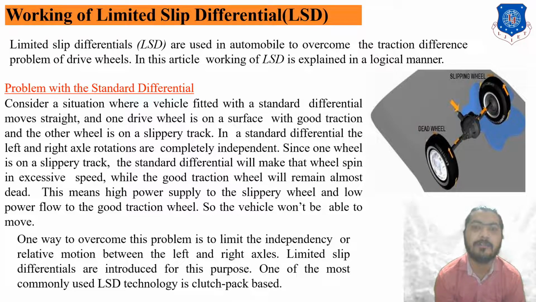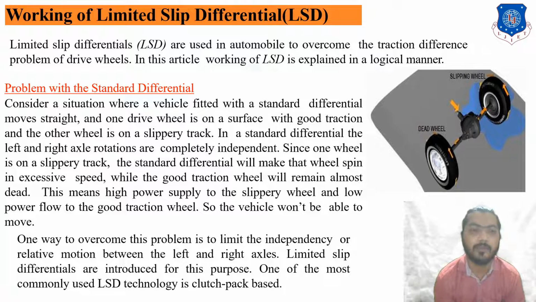That's why the slippery wheel will spin at excessive speed, while the good traction wheel remains almost dead. This means high power supply to the slippery wheel and low power flow to the good traction wheel, so the vehicle won't be able to move.